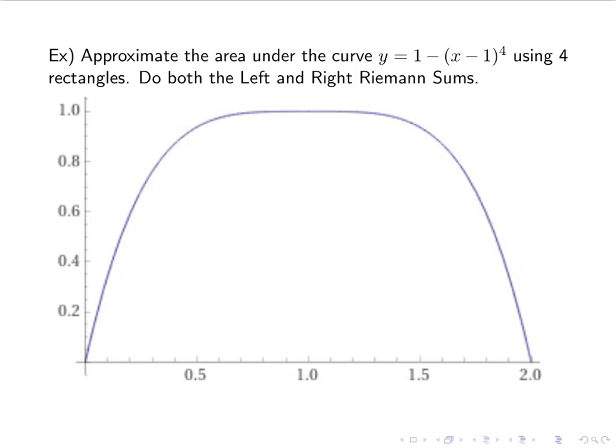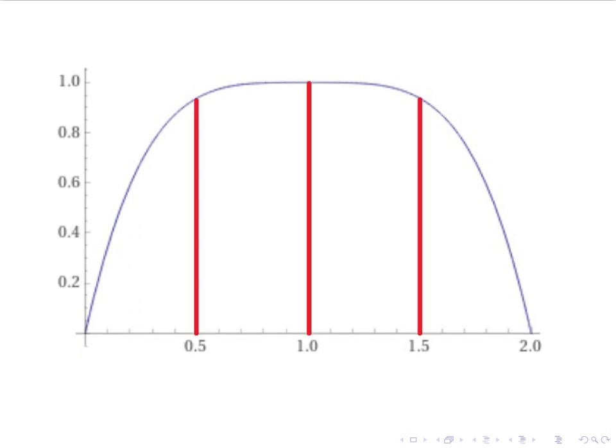So here's another one. Approximate the area under the curve y equals 1 minus x minus 1 to the 4th using 4 rectangles. And we're going to do a left and a right Riemann sum. So I've got my 4 rectangles. So again, you don't see it because they're zeros, but I have an endpoint here and here. So I've got my 1, 2, 3, 4 rectangles, and again, my 5 x values.